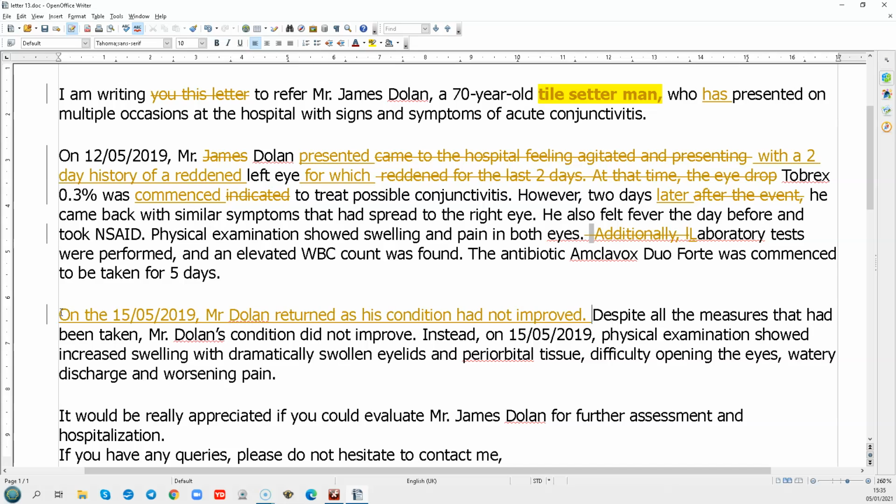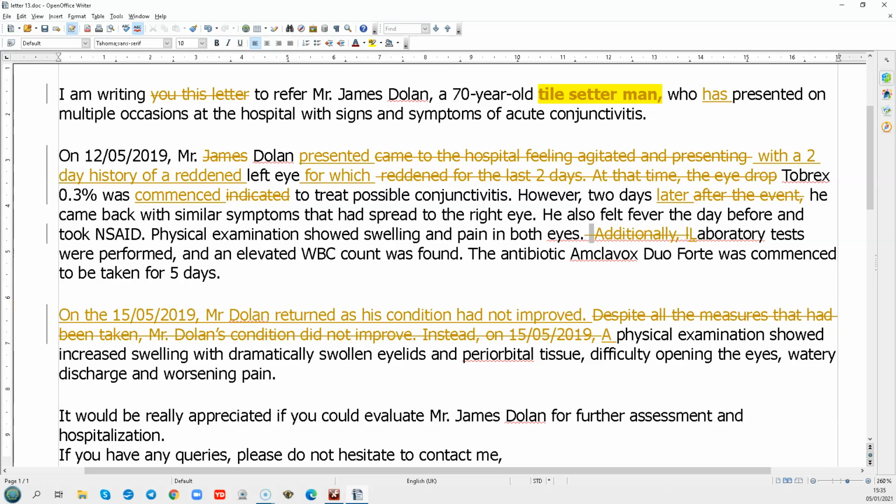So, we don't need this, despite all the measures that had been taken. Physical examination showed increased swelling with dramatically swollen eyelids, periorbital tissue, difficulty opening the eyes, watery discharge, and worsening pain.